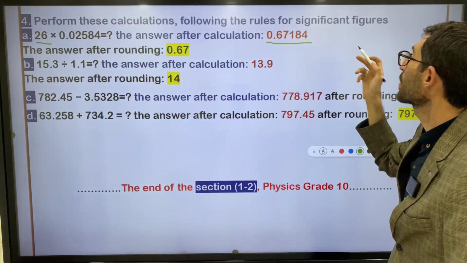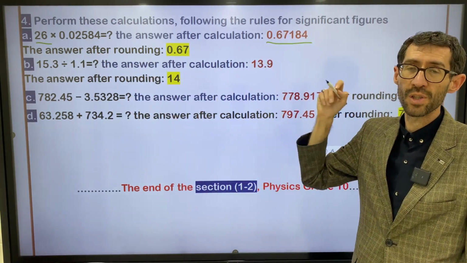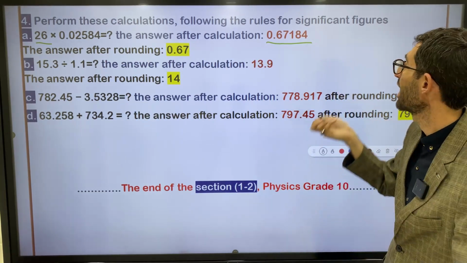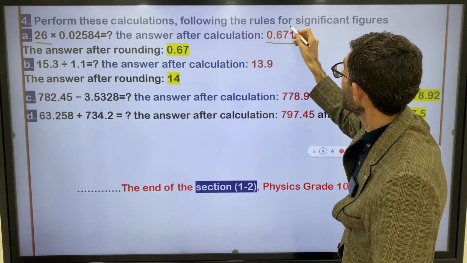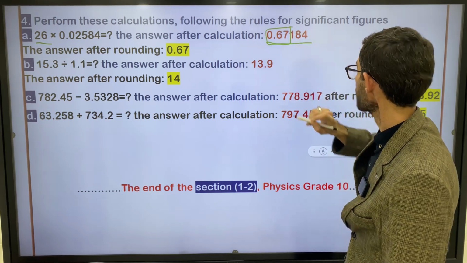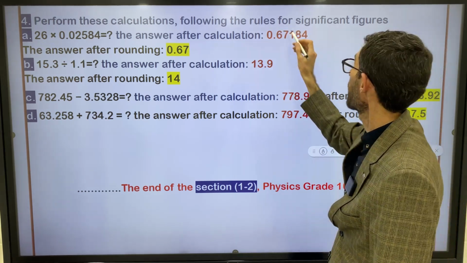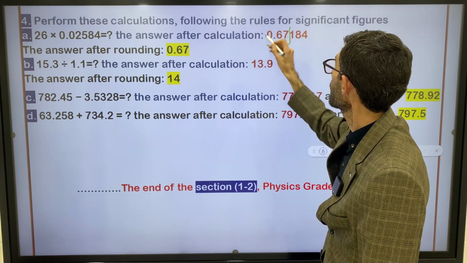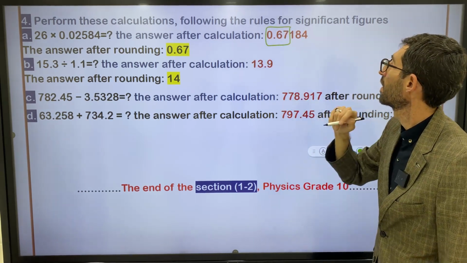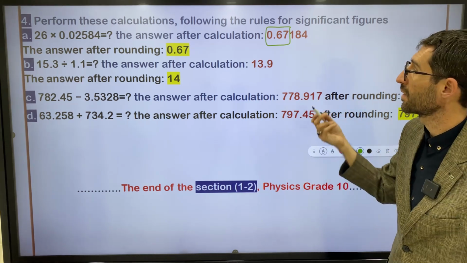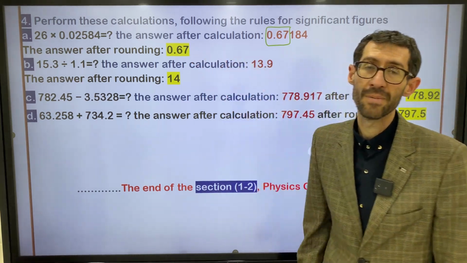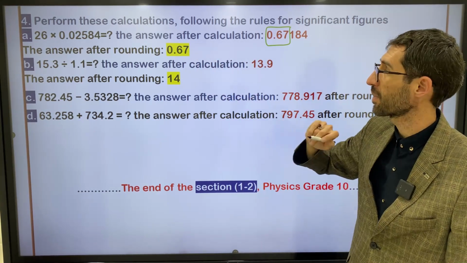So the answer should involve only 2 significant figures. That's why we need this part only, 2 significant figures. That's it. This is the answer. It will be 0.67, excuse me.